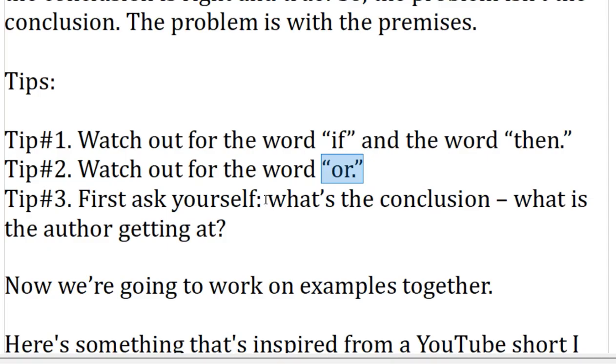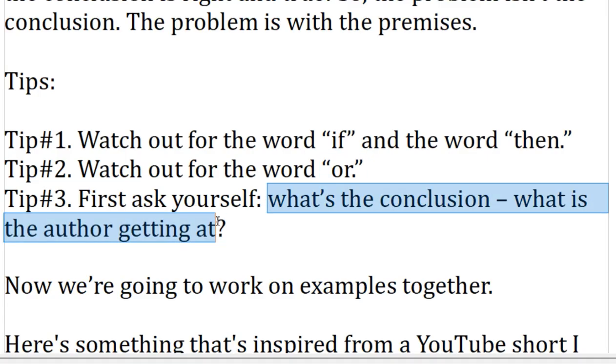And tip number 3 is probably the most important out of all of it, and I am going to illustrate this for you later on in the video. What's the conclusion? What is the author or the person speaking or writing driving at? What are they getting at? What do they ultimately want me and other people to believe? What is their ultimate resting place?